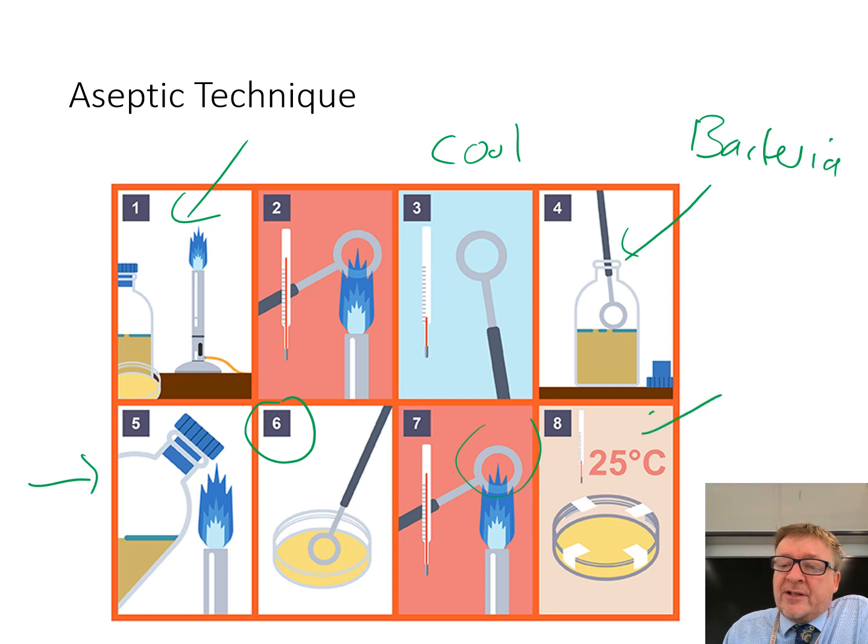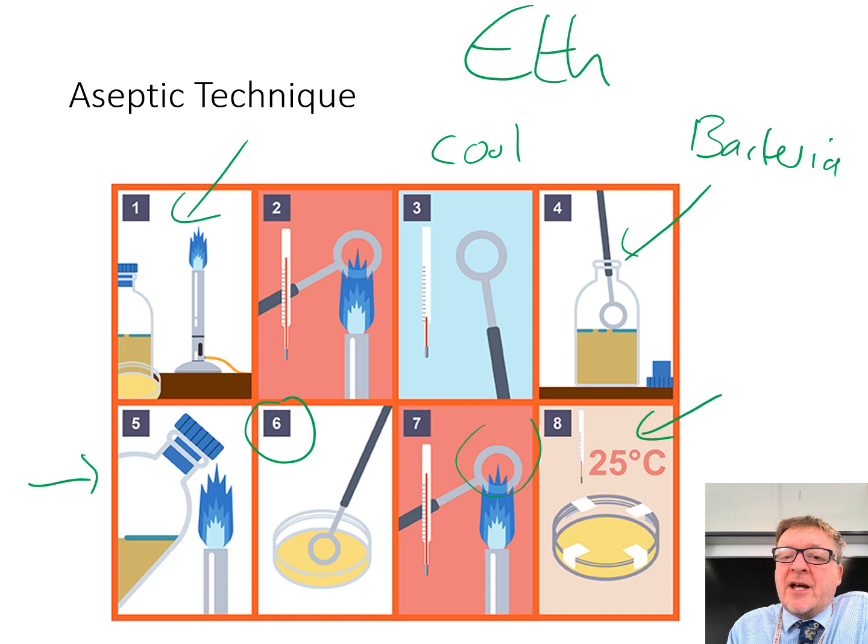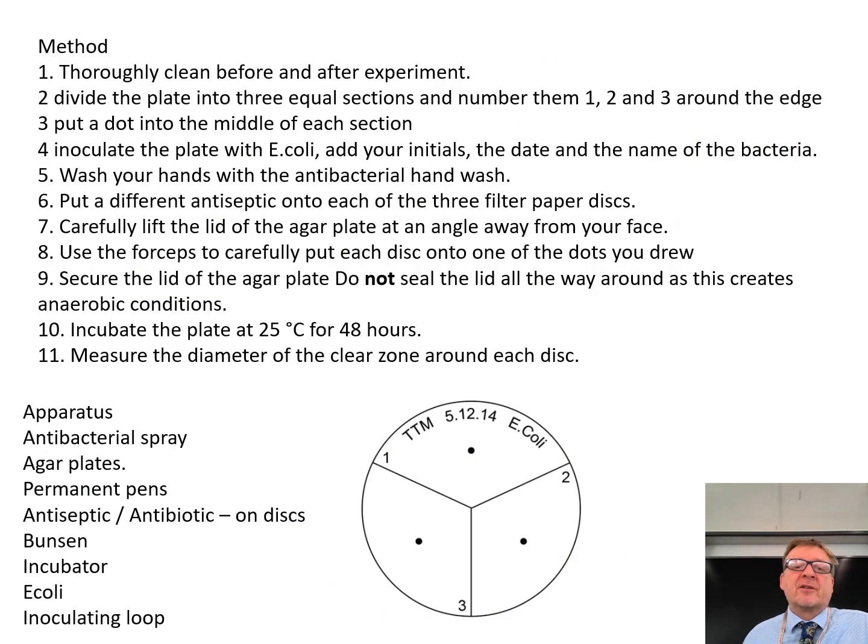The final part is your bacteria are then put at 25 degrees, because that is their optimum growing temperature. You can also use ethanol, because ethanol will also sterilize things. So what I'll tend to do is proper aseptic technique: I'll heat it up in a Bunsen burner and I'll use ethanol to make sure that it is as sterile as possible.